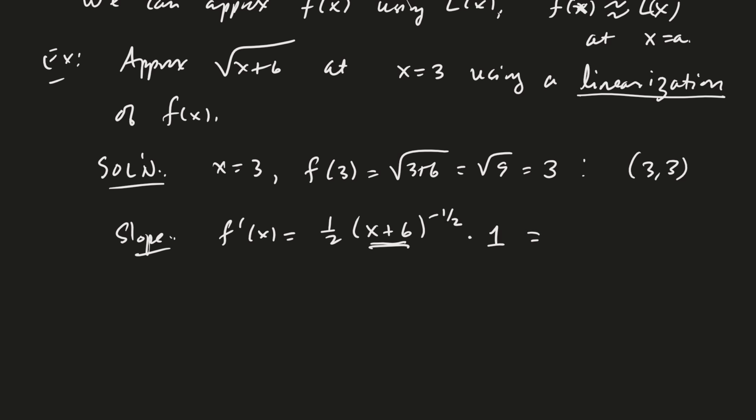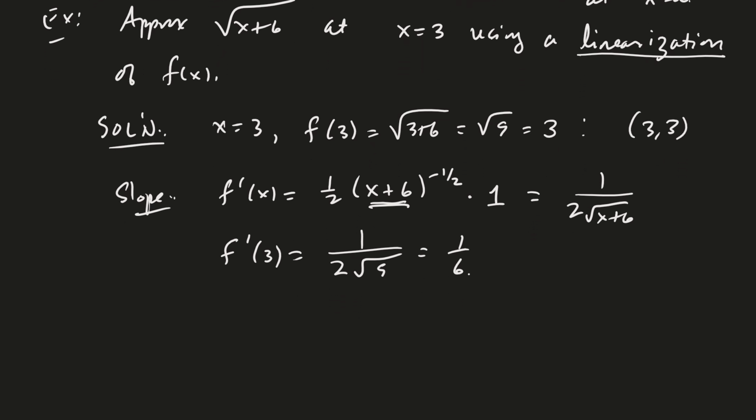Okay, so if I rewrite that, that's 1 over 2 square root of x plus 6. So if I evaluate this at 3, I get 1 over 2 times the square root of 9, which is 1/6. Good. So now I've got the point that the line goes through and the slope. And so my L of x in this case is going to be 3 plus 1/6 times x minus 3.